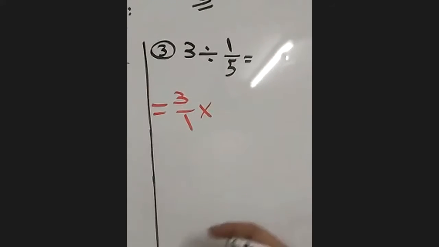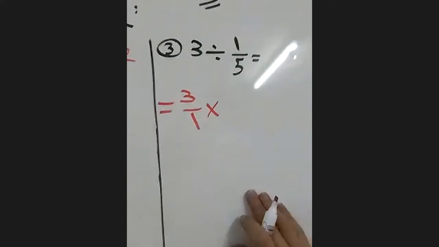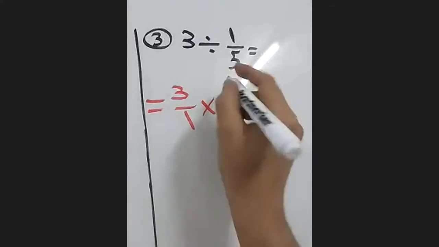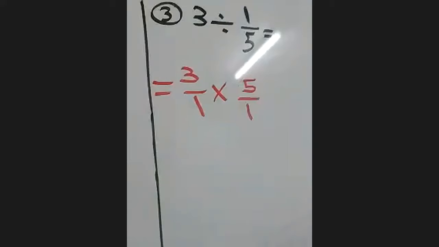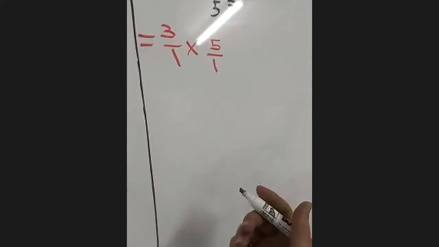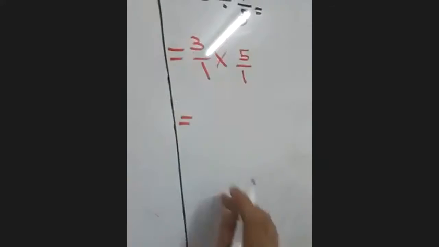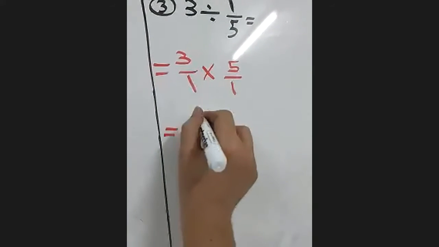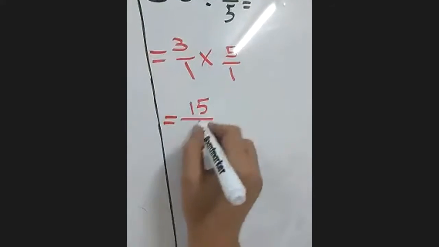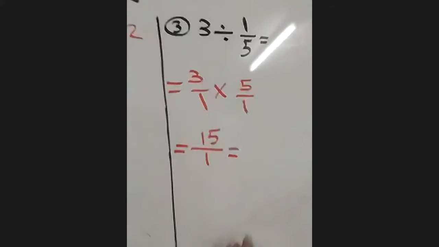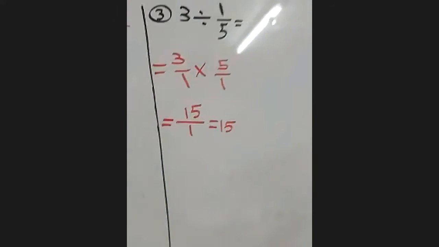We call it reciprocal. We flip the second fraction. 1/5 becomes 5/1. Now we have normal multiplication as we did in the previous lessons, right? What I will do, 3 multiply 5, 15. 1 multiply 1, 1. What's the answer? 15. The answer is 15.